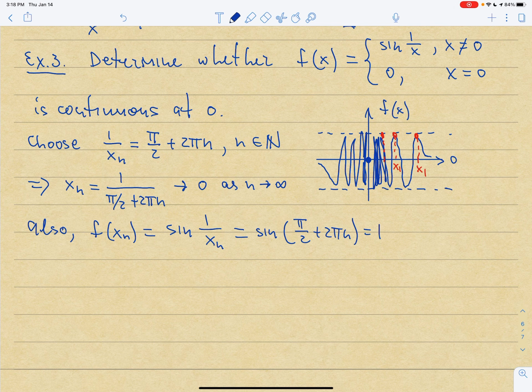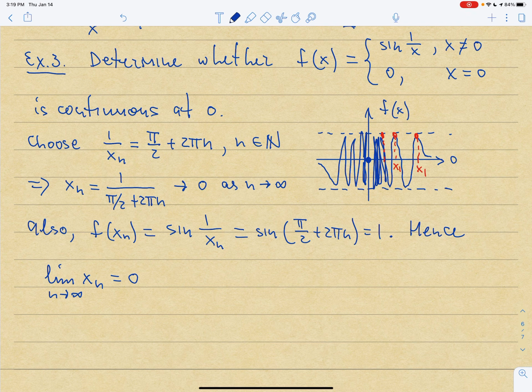Okay, so if all this is the case, then what do I know? Hence, the limit of x_n as n goes to infinity is equal to 0.